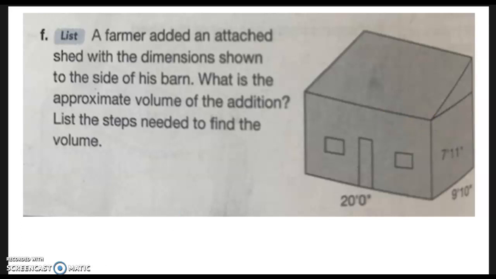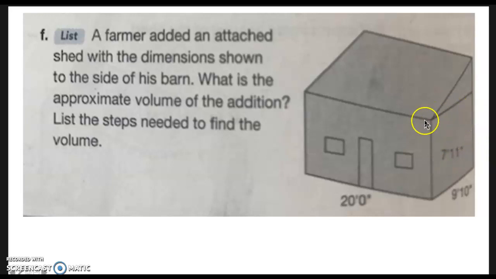So now that we have all of our dimensions rounded, we're going to divide the shed into 2 sections. So we're going to have a rectangular prism, which is going to be this bottom section down here. Here's our rectangular prism, and a triangular prism, which is going to be right here. Then we're going to find the volume of each section.